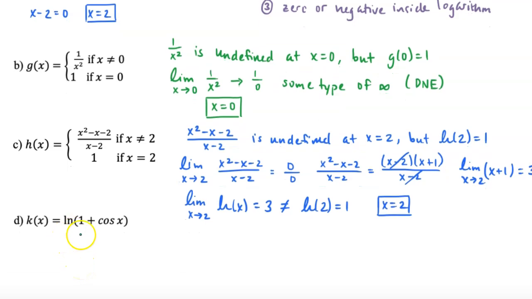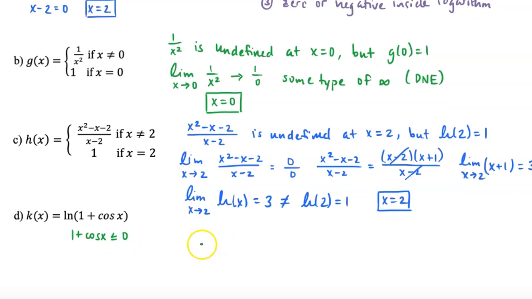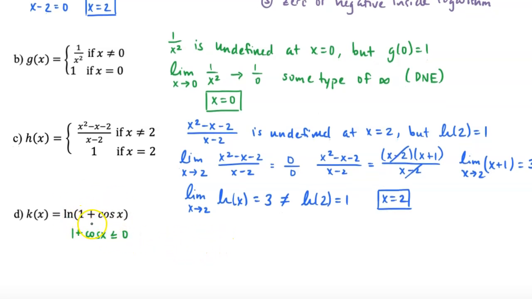Let me find out where 1 plus the cosine of x is less than or equal to 0. That's really what I want to find if I want to find a negative or a 0 inside of a natural logarithm. So solving this inequality, let me bring this 1 to the other side, and I get that cosine of x is less than or equal to negative 1.